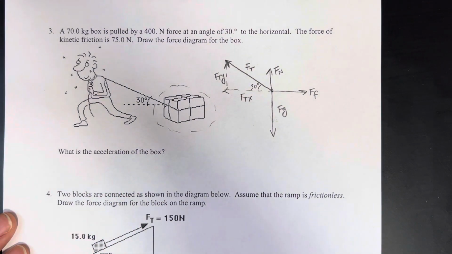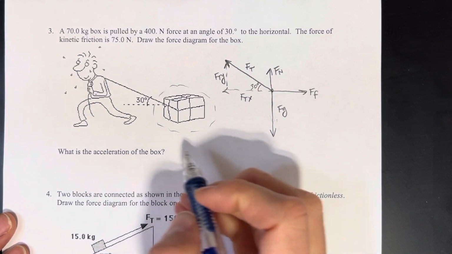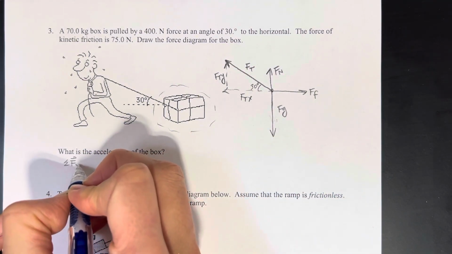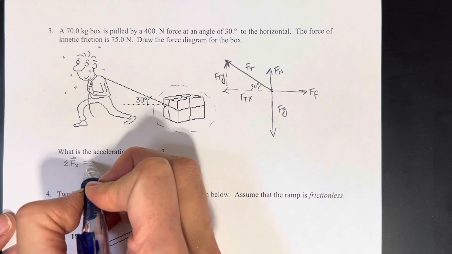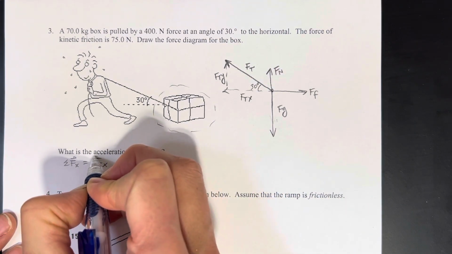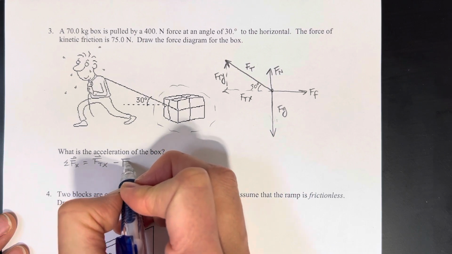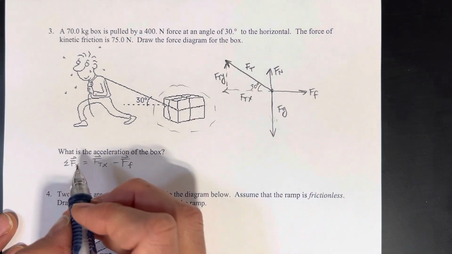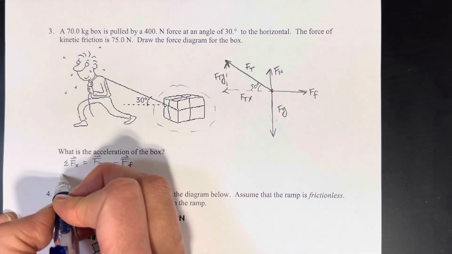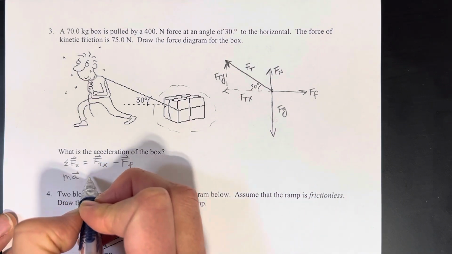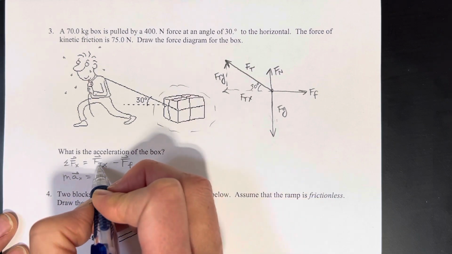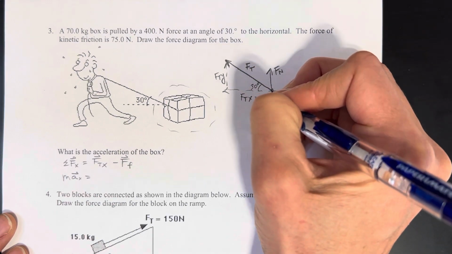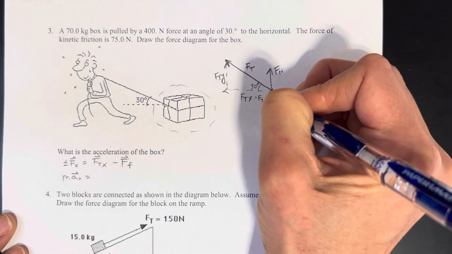So I know that I'm going to be writing a net force equation in the x direction. So sum of my forces in the x direction is equal to the force of tension in the x direction minus the force of friction. And then I know that this is equal to mass times acceleration in the x direction. And force of tension in the x direction is equal to the force of tension times the cosine of 30.